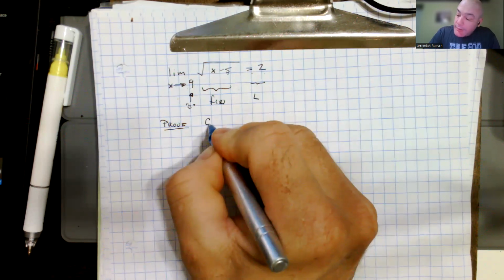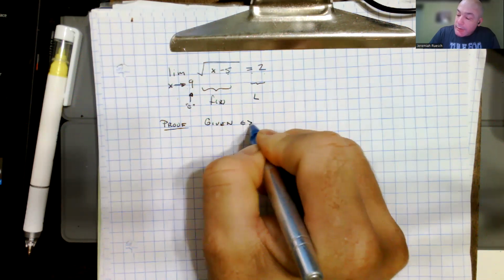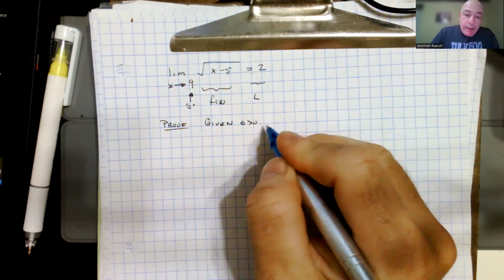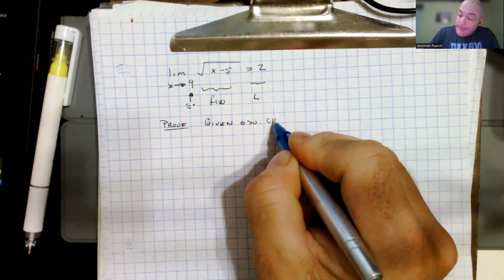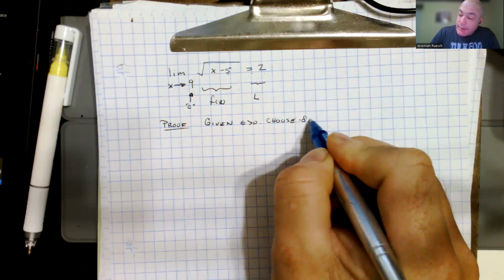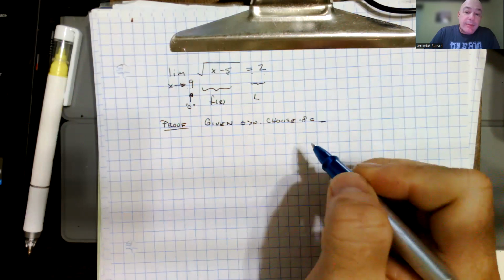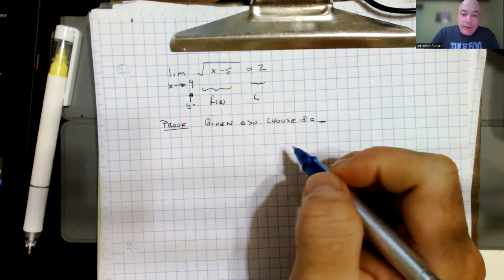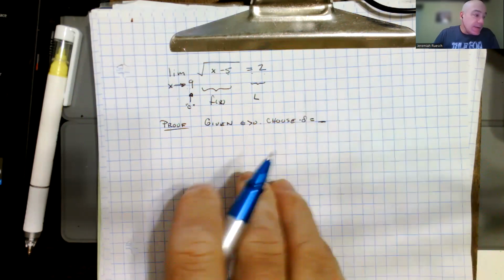So we're going to say, given an epsilon greater than 0, then we can choose delta equal to something. We're going to find out what that something is as we go through this process, and then we'll come back and finalize this whole approach.